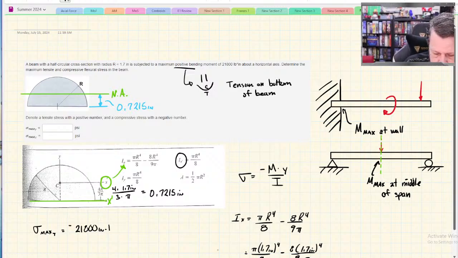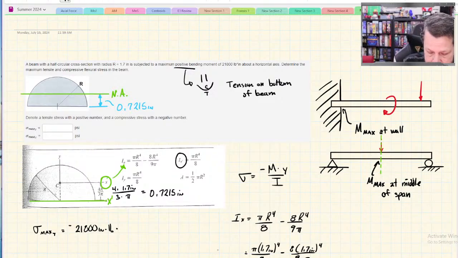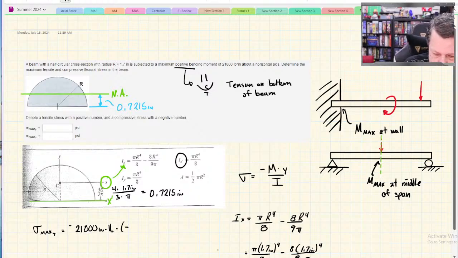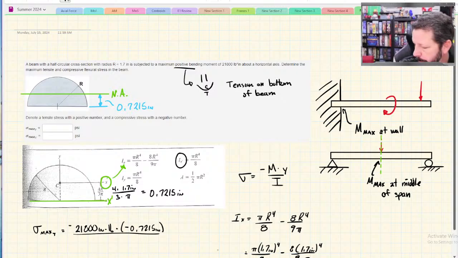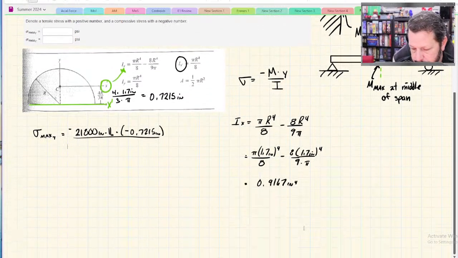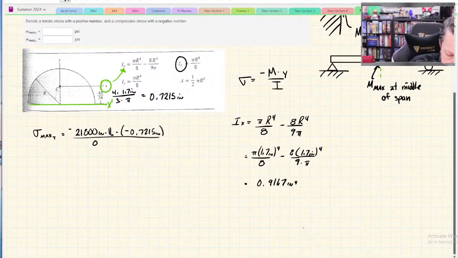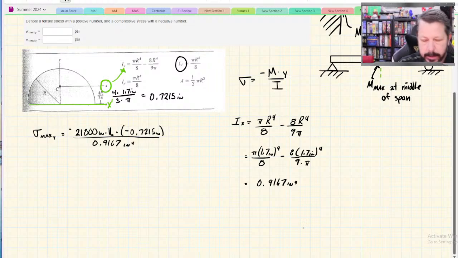21,800 inch-pounds times y. In this case, y is from the neutral axis to the bottom, so that's a negative value, and it's 0.7215 inches. And then we have I, which is off the screen here, I think 0.9167. And these units would come out to pounds per square inch, so we would have PSI.